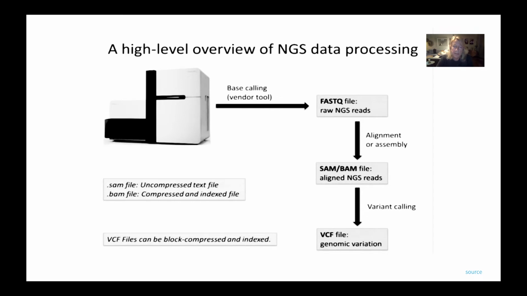This is another aspect of working in this domain, is that the file types have a certain vernacular to them. We don't very often see CSV or text files, for example, other than metadata. The actual data itself is in these formats that are specific to genomics.